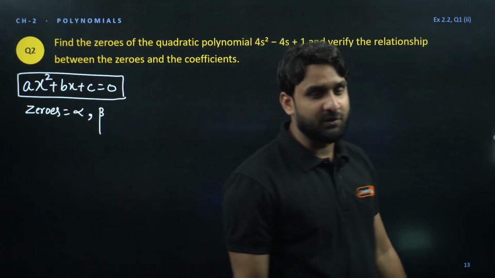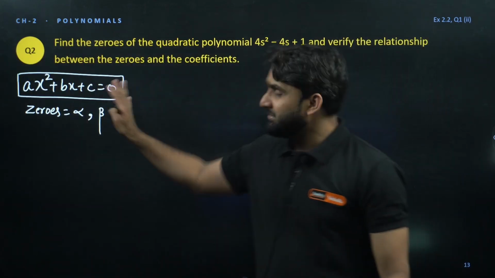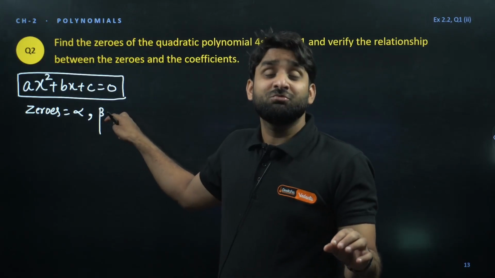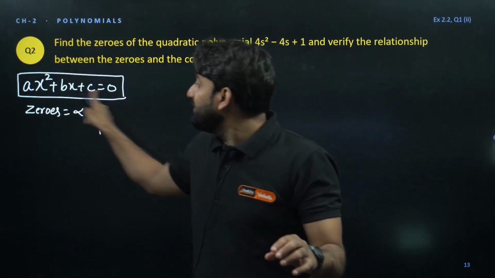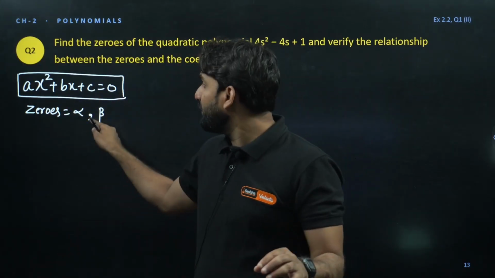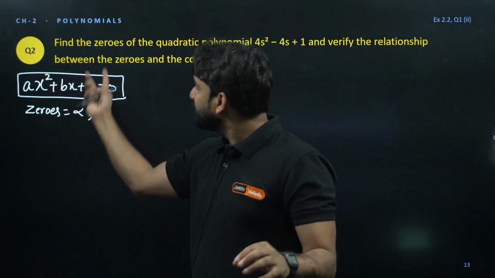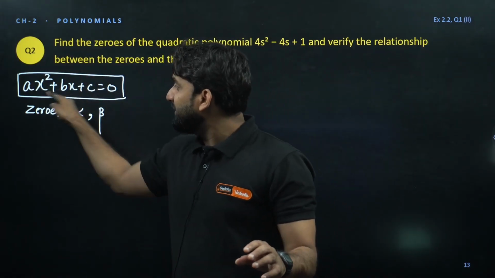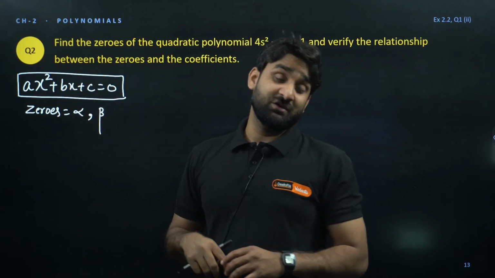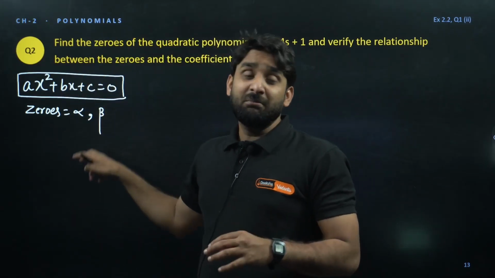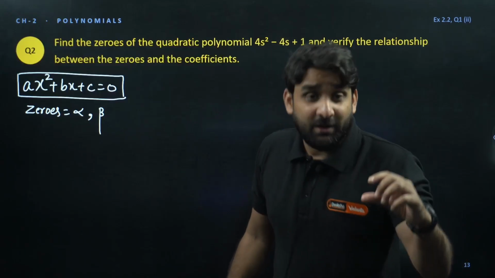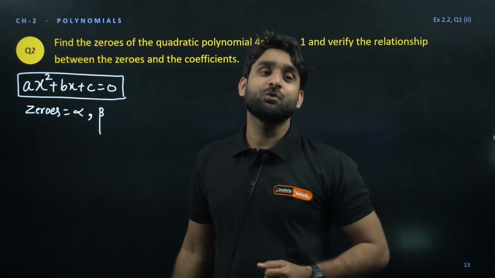Do you know what zeros are? Alpha and beta are those numeric values which satisfy this equation. If we put alpha at the place of x, this will give you a result equal to 0. If you put beta at the place of x, this will again give you 0. So alpha and beta are those numerical values which satisfy the quadratic equation, and that is called zeros.